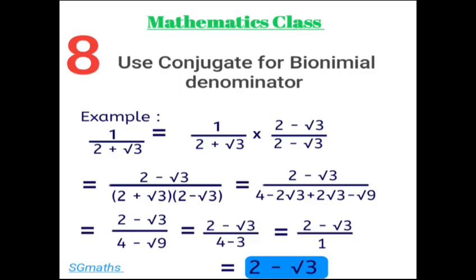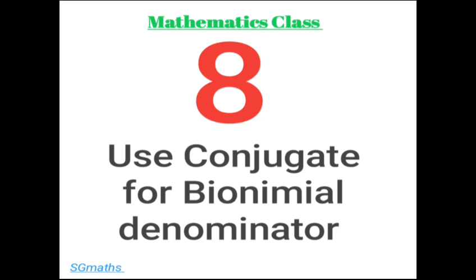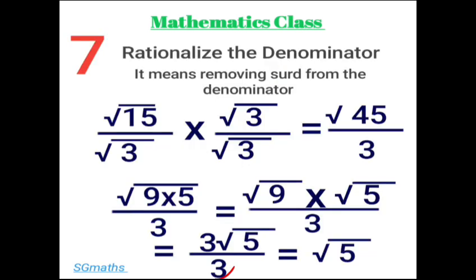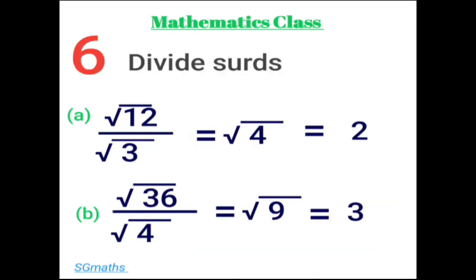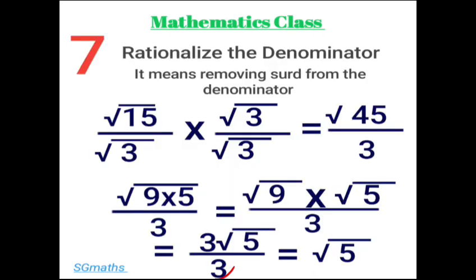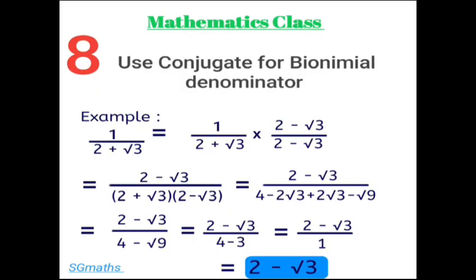If you remember, that is in our previous example, we multiplied by root 3. The same thing is applicable to this. So you multiply the conjugate to the numerator and denominator.